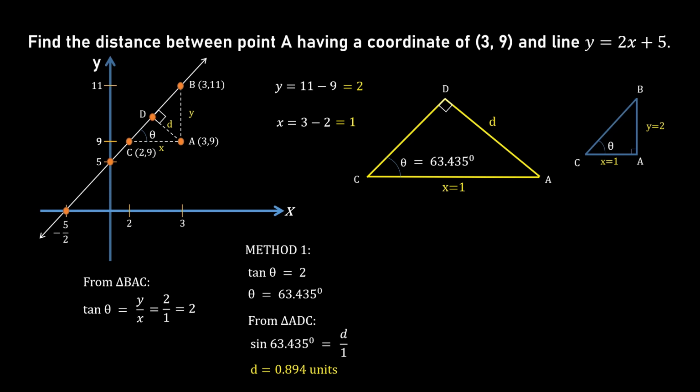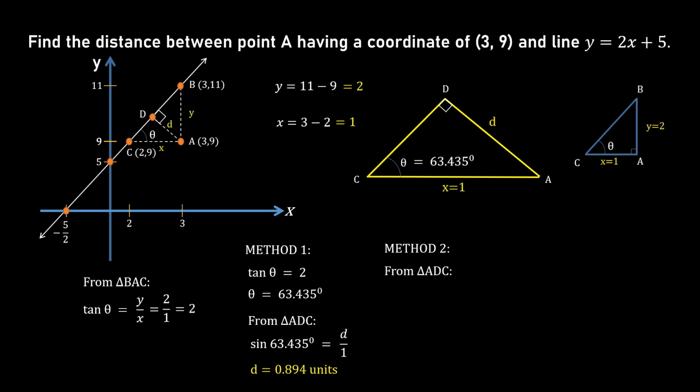Let's proceed to the last method, or method 2. The difference of this method compared to the first method is that in method 1, we computed directly the value of theta, which is equal to 63.435. What we will do here is look for the value of the trigonometric function itself and not the angle itself. So, let's proceed with method 2.